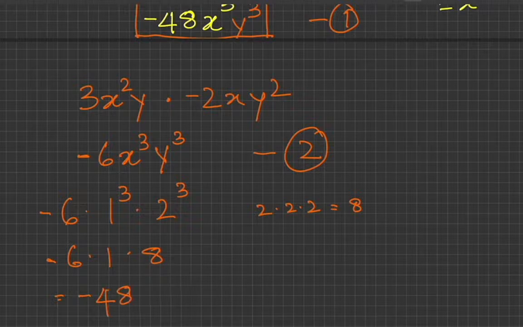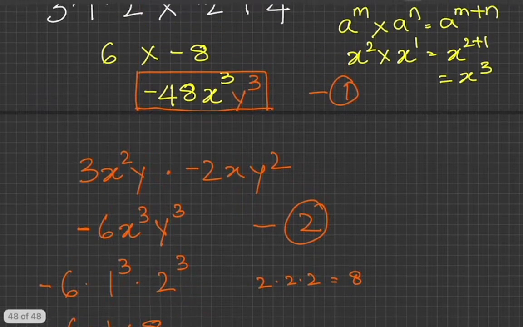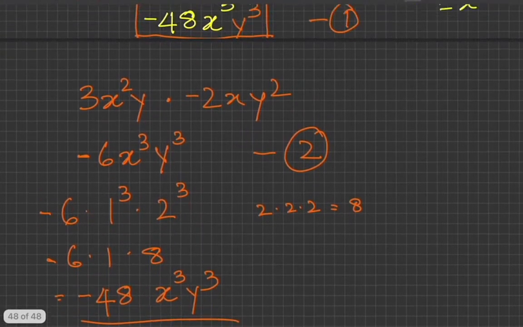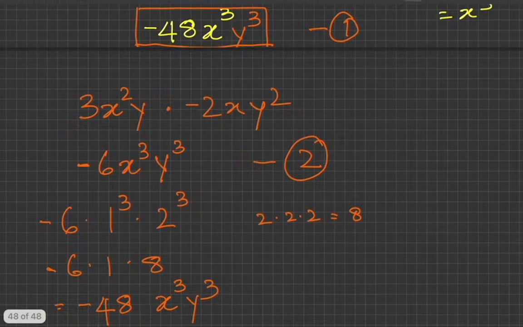That is my numeric coefficient, and then the same thing, that is x cubed y cubed, right? So the product of both, when we multiply the terms and when we plug in the values, both are the same.